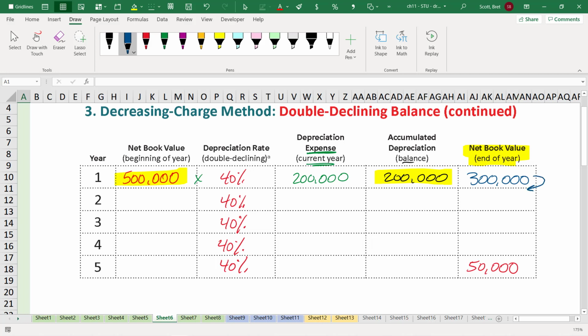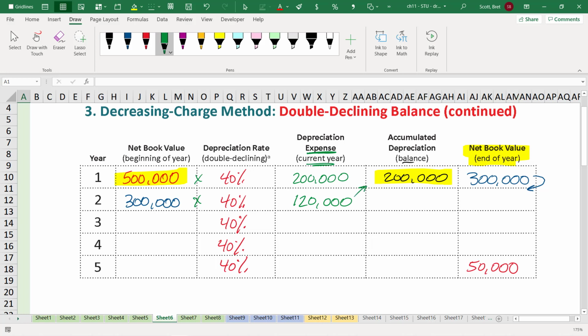What do we do with that? Guess what? We use it; this is the start of the next year. We start year 2 with a net book value of $300,000. We multiply it by 40%, which results in the next year's depreciation of $120,000.